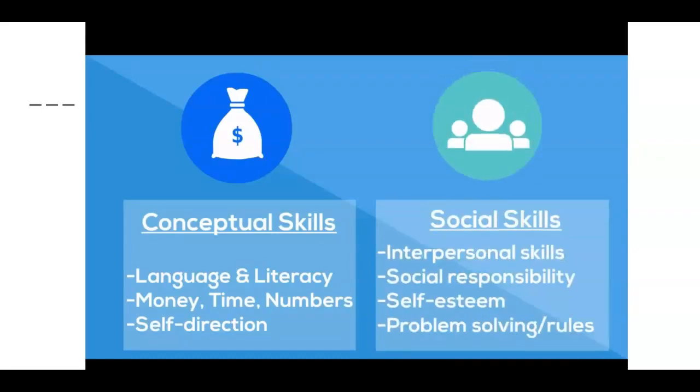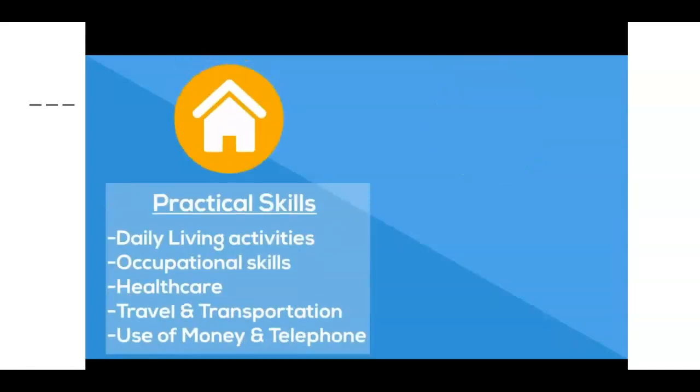Social skills include interpersonal skills, social responsibility, self-esteem, gullibility, naivete, social problem-solving, and the ability to follow rules and obey laws, and to avoid being victimized. Practical skills include activities of daily living or personal care, occupational skills, healthcare, travel and transportation, schedules and routines, safety, use of money, use of the telephone.